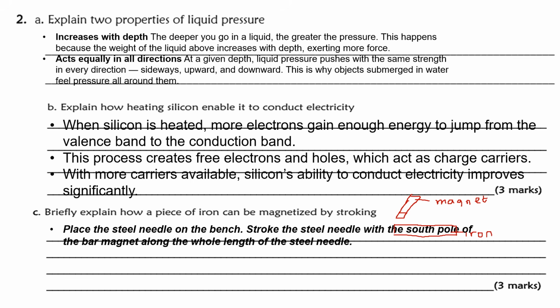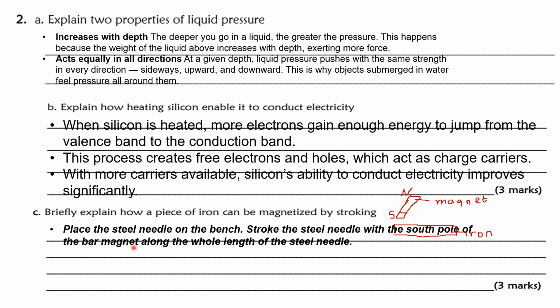This is south pole, and then that's north pole. So this end here must touch there. Stroke means hit. So stroke that end with the south pole of a bar magnet.